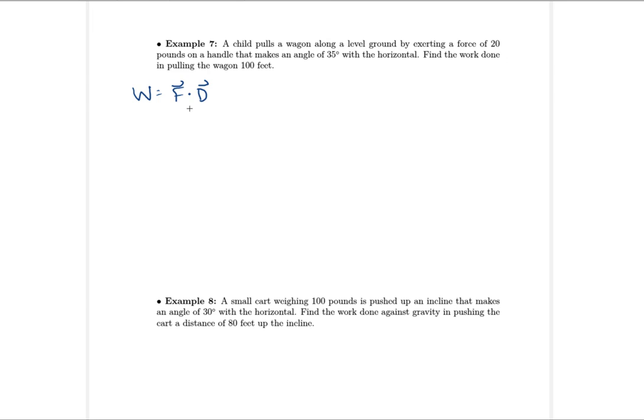I'm going to show you two ways that you can go about this problem. Either one is going to rely on this picture here of the wagon going in this direction, so there's my D, but I also know that the force is making this 35-degree angle with the distance vector. On the one hand, I could say this is force magnitude times distance magnitude times the cosine of theta.